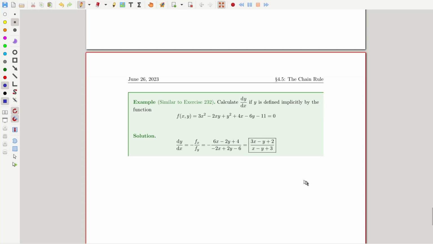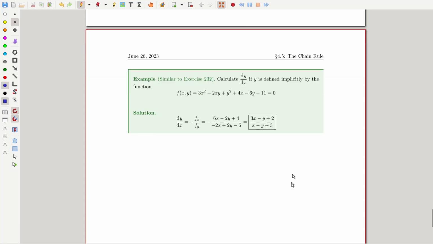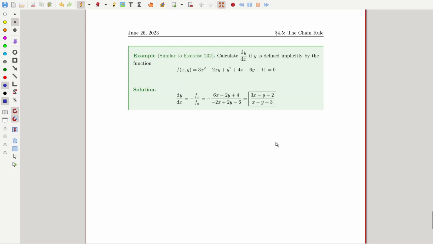Right. And here's an example of that. I don't know if I want to actually relate back to the other version, but I guess I can. Using the formula is simply recalling it and then just doing it. The partial derivative with respect to x will be 6x minus 2y plus 4, as you can see.